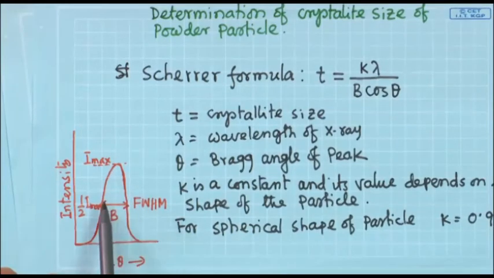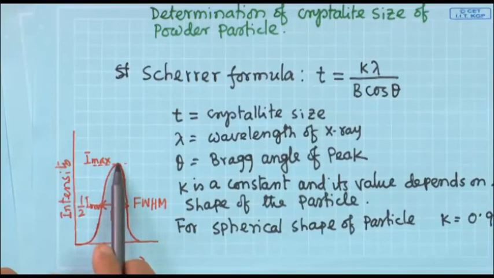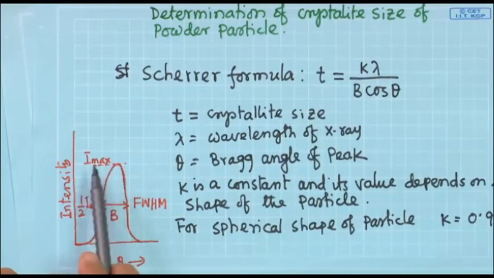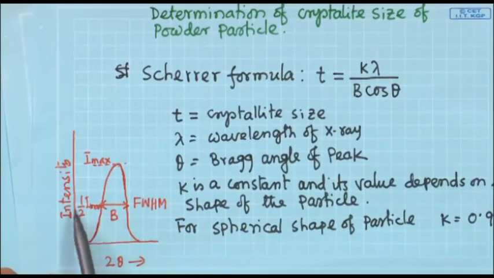What is that? For this peak, what is the intensity? This is I max, the maximum intensity at this peak. Now at half of this maximum intensity, what is the width? What is the width in radians? That is the angle. That is basically B.